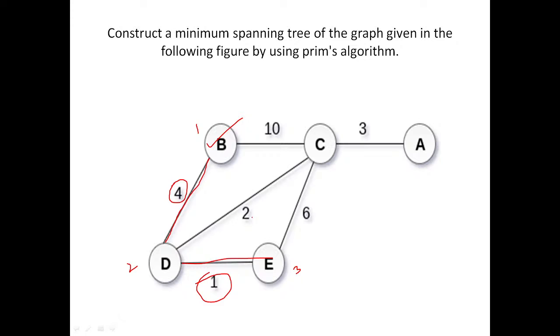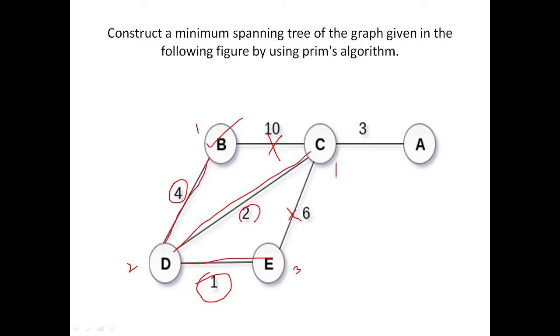So, we have to take the minimum way, the minimum edge weight. Among 10, 2 and 6, which one is minimum? Obviously 2. So, we will take this edge and discard the other 2. We won't take this one and this one. Clear?